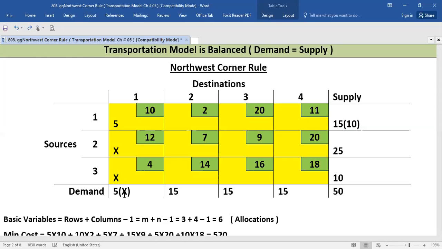The other book says that you should put 0, but in the next lecture, I will tell you the importance of 0. In the northwest corner rule, there is importance of 0. So when the demand or supply is complete, you should put a cross sign, not 0.